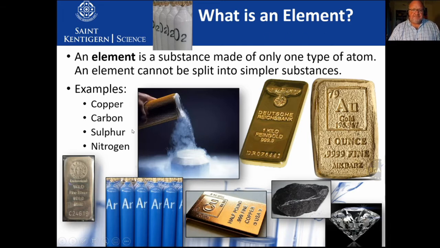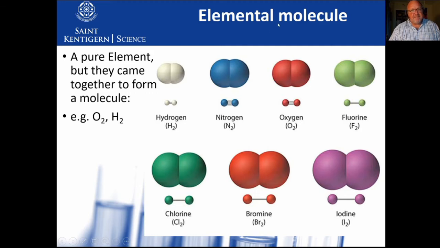So an element is a pure substance made of only one type of atom, and it cannot be split into simpler substances. An elemental molecule is a pure element, but the atoms came together to form one molecule, like hydrogen, H2, oxygen, O2, nitrogen, N2, chlorine, Cl2, bromine, Br2.